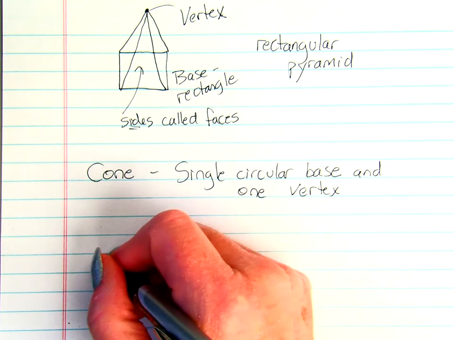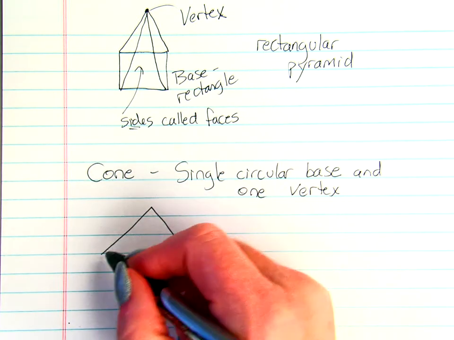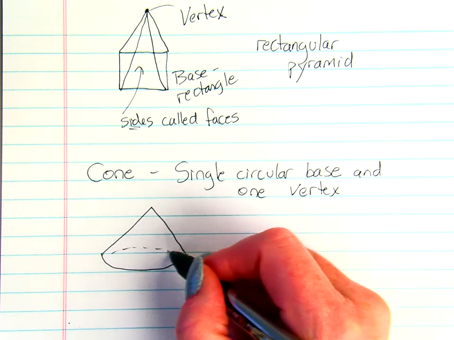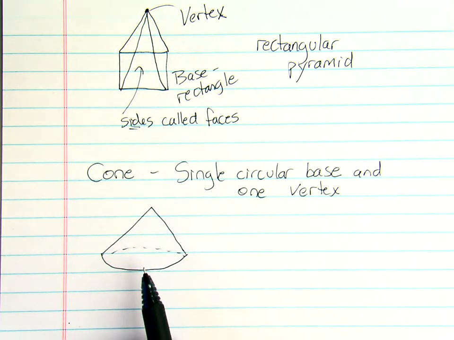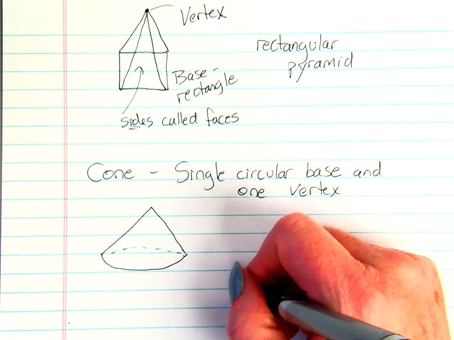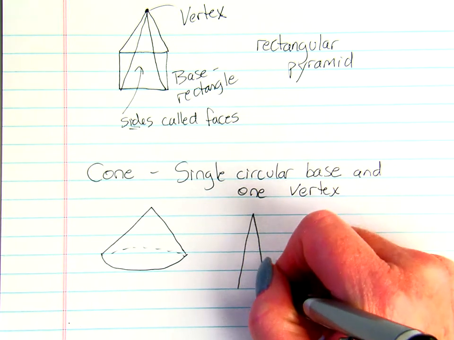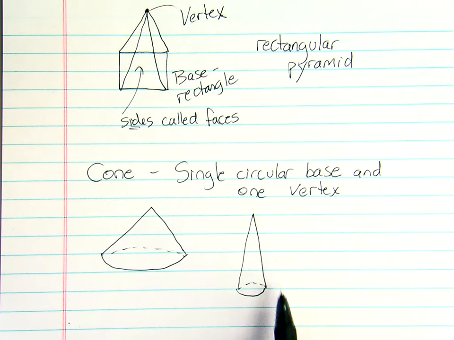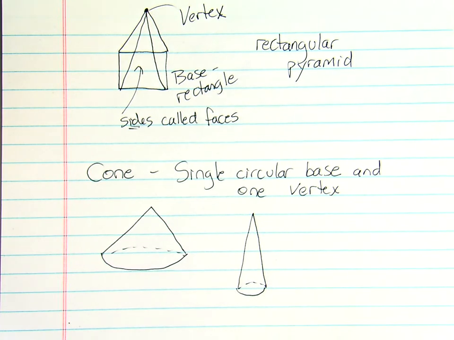It looks kind of like a party hat, circle at the bottom, and so there's your cone. Your cones can come in various sizes. You can have a cone that looks like this. And we'll talk about how to work with these items as we go along.